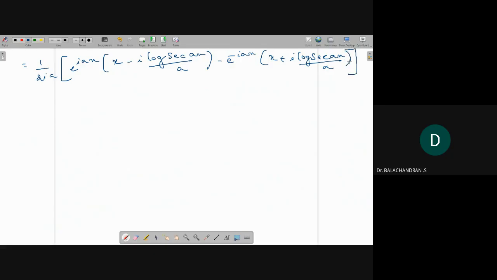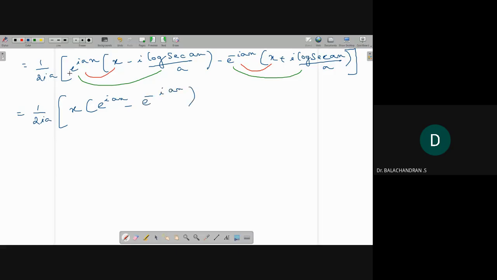Now this is equal to 1 by 2 ia. We can group these two, and then group these two. If I take x commonly, remaining is e power iax minus e power minus iax.